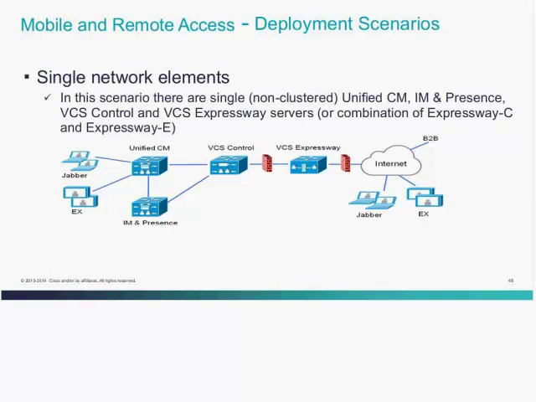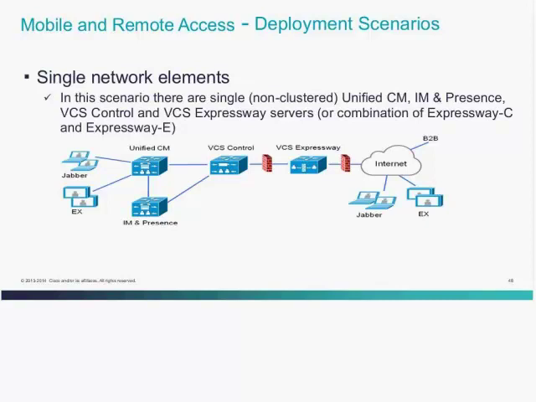So in your external network, once you start the Jabber up on your PC or on your iPhone, etc., it will do a DNS record lookup, which will go to _collab-edge, and your public DNS should resolve this to your VCS Expressway.